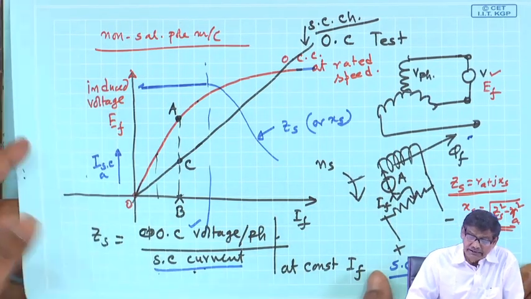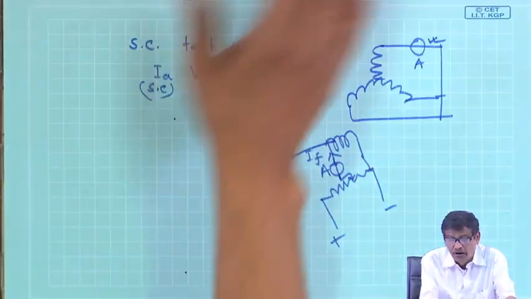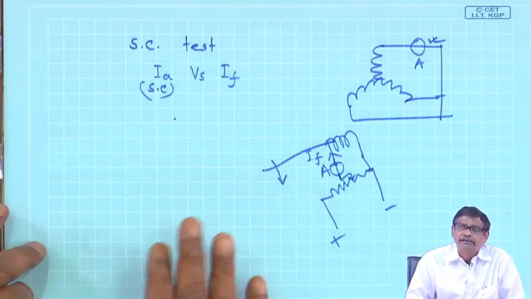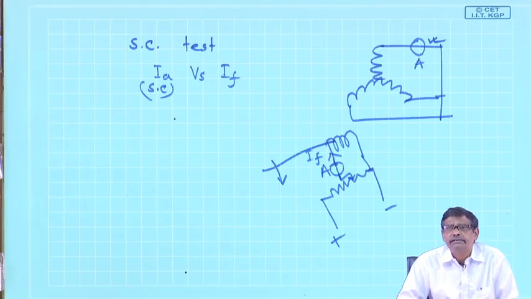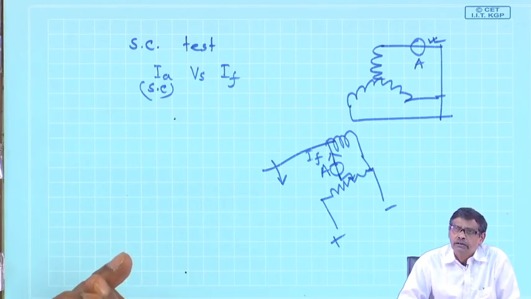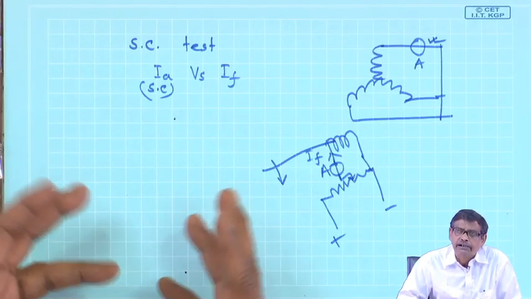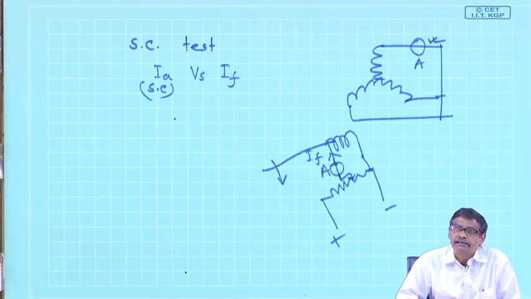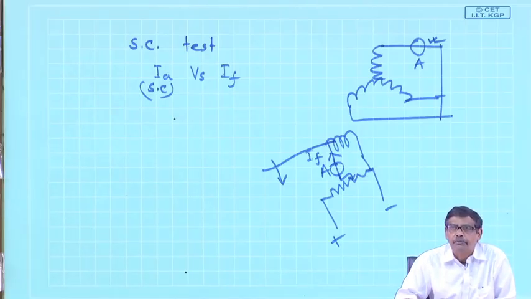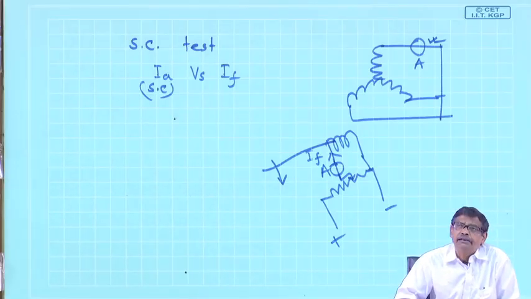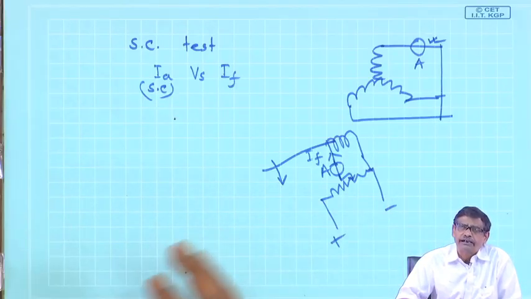Anyway, the important thing is our emphasis: okay, XS is constant, suppose let us assume, can I analyze the machine? Yes, now I am confident I will be able to, whether it is operating as a motor or as a generator, whether it is a non-salient pole machine or a salient pole machine, draw the phasor diagram correctly and hence calculate current, power factor, voltage.